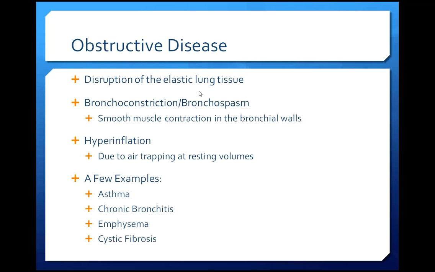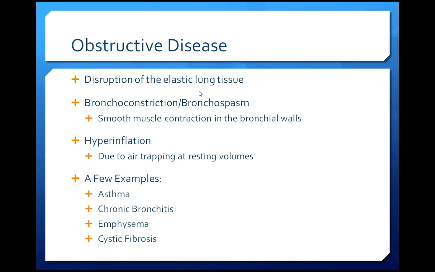So, obstructive disease, also known as COPD, is one of the most common pulmonary diseases and involves disruption of the elastic lung tissue. Several examples: asthma, chronic bronchitis, emphysema, and cystic fibrosis, which is considered an obstructive disease. Asthma is one of the more common ones, especially in young children.